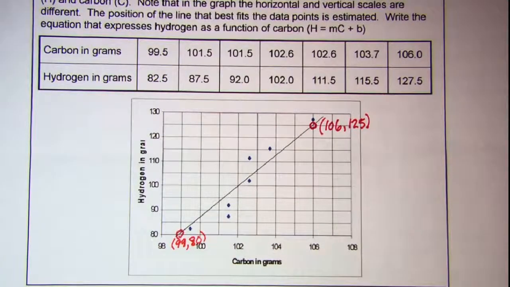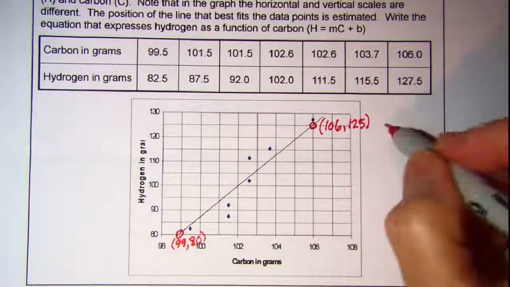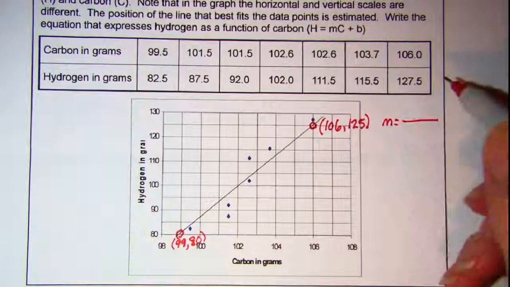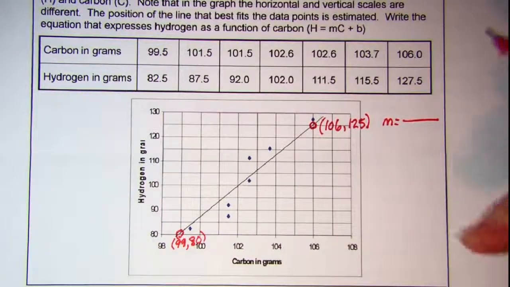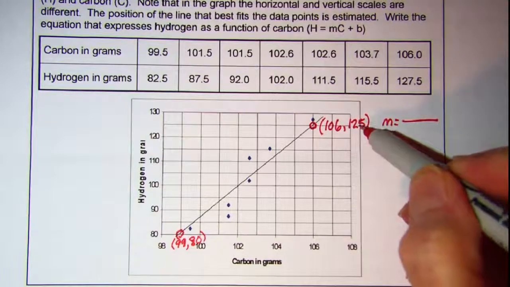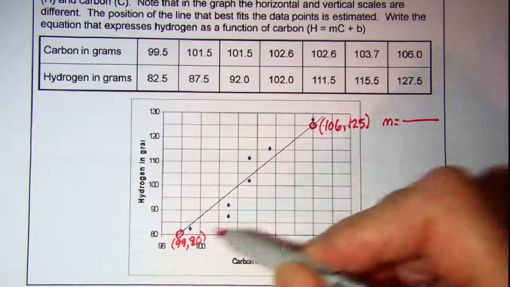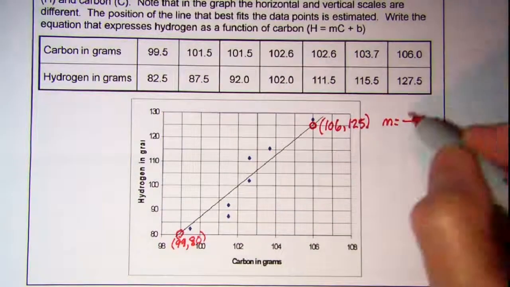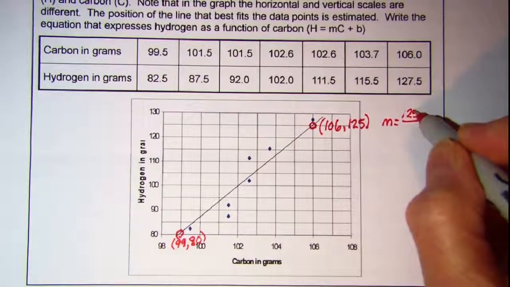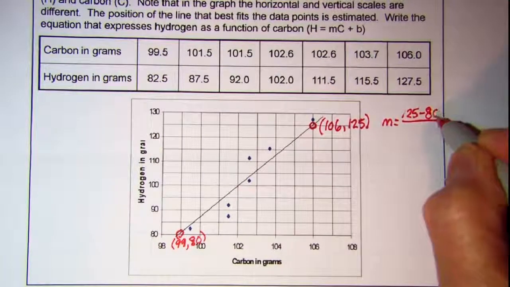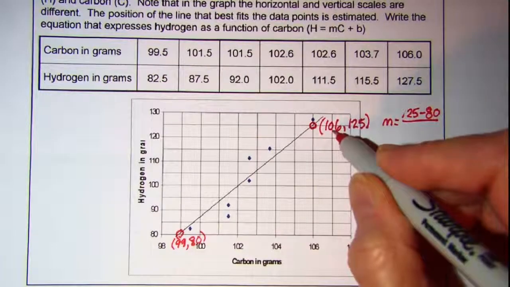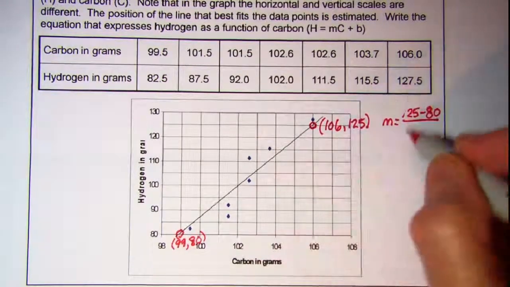Alright, now that we have the 2 points picked and the coordinates written down, our next step, step 2, is to use these 2 points to find the equation of the line. So our first thing would be to find the slope. Slope is the change in y over the change in x. So 125 subtract 80 over 106 subtract 99.